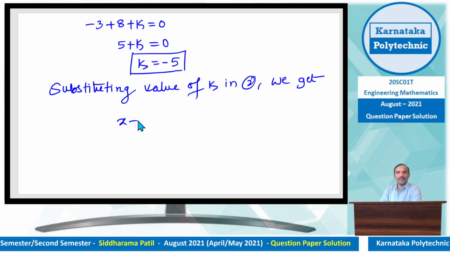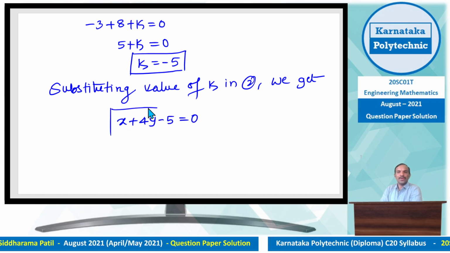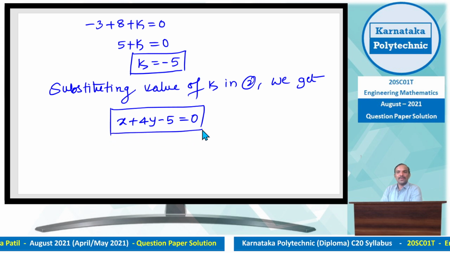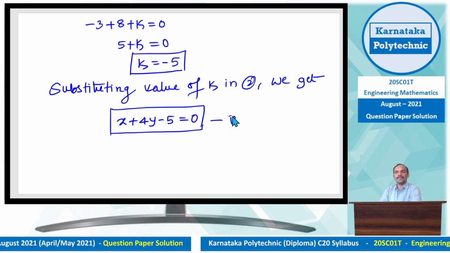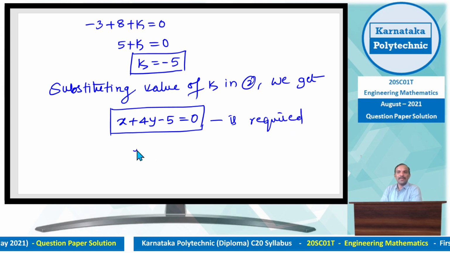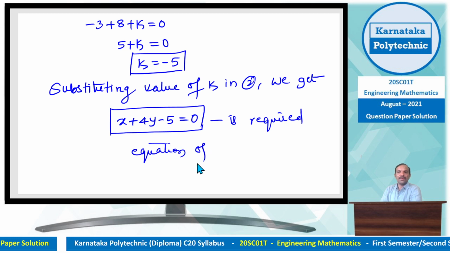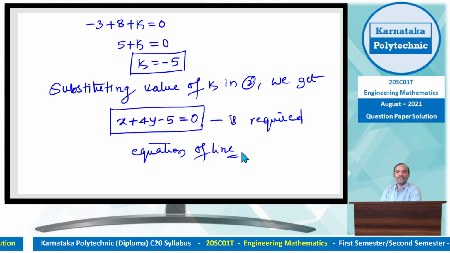X plus 4y, k is minus 5 equal to 0, is the required equation of line. It is one method. Another alternate method.